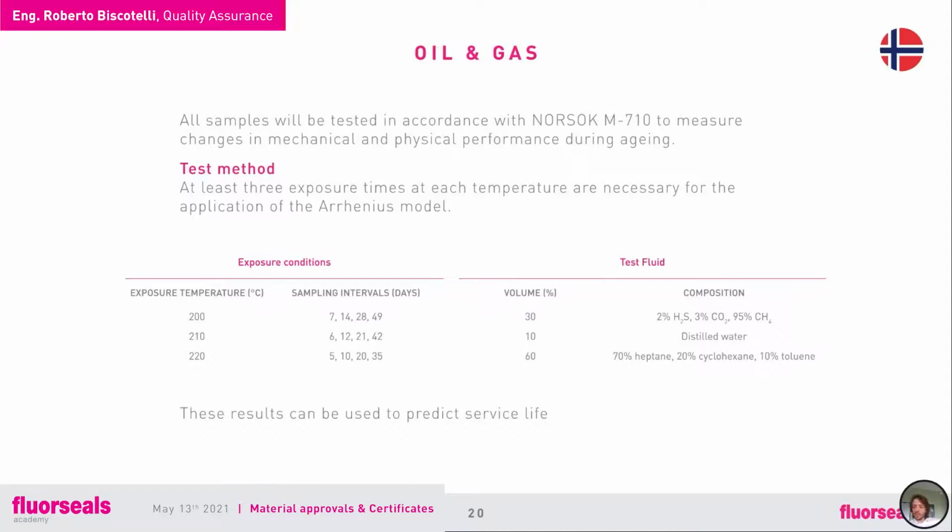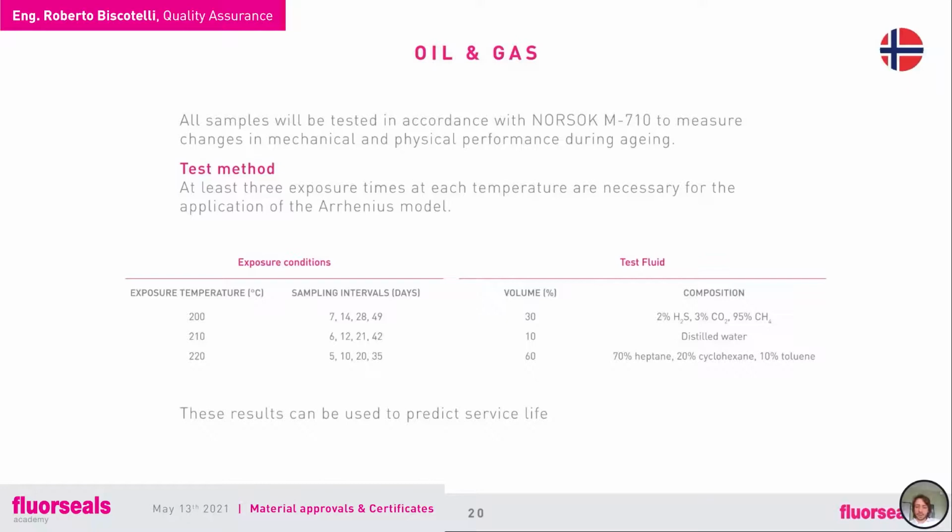The Arrhenius model is based on the time-temperature superposition principle, which is a very well-known principle in polymer science. It basically states that for any generic polymer, time and temperature are tied together.